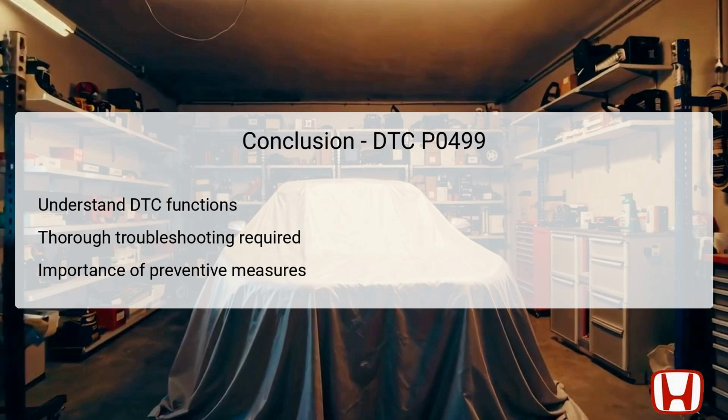Each component of the troubleshooting process is designed to isolate the problem accurately, ensuring that the vehicle not only meets emission standards, but runs efficiently. Moreover, incorporating preventive maintenance practices can significantly reduce the likelihood of encountering similar issues in the future. By staying proactive and informed, technicians can maintain optimal vehicle performance and compliance with emission regulations.